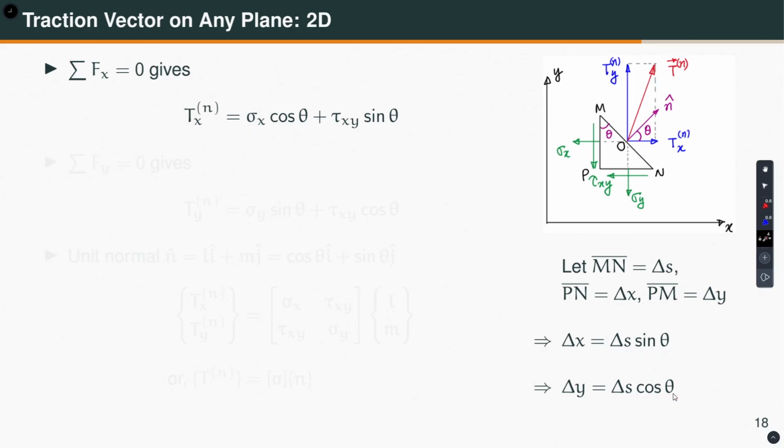Okay. So, now if I consider the equilibrium of forces in the x direction. Okay. So, how can I write the equilibrium of forces in the x direction? So, I will write summation Fx is equal to 0, which is going to give me sigma x into, it is acting over the area that is delta y into delta z. What is delta z?